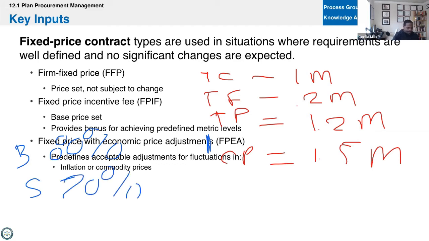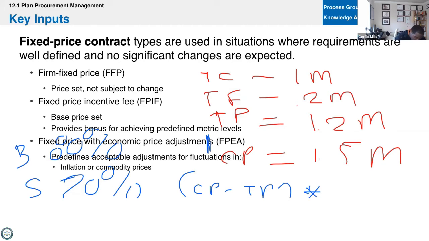And so the way you find the point of total assumption is you take the ceiling price, 1.5 million, minus the target price, 1.2 million, right? So ceiling price minus target price, and then you multiply that by your 80-20, the buyer's share ratio.